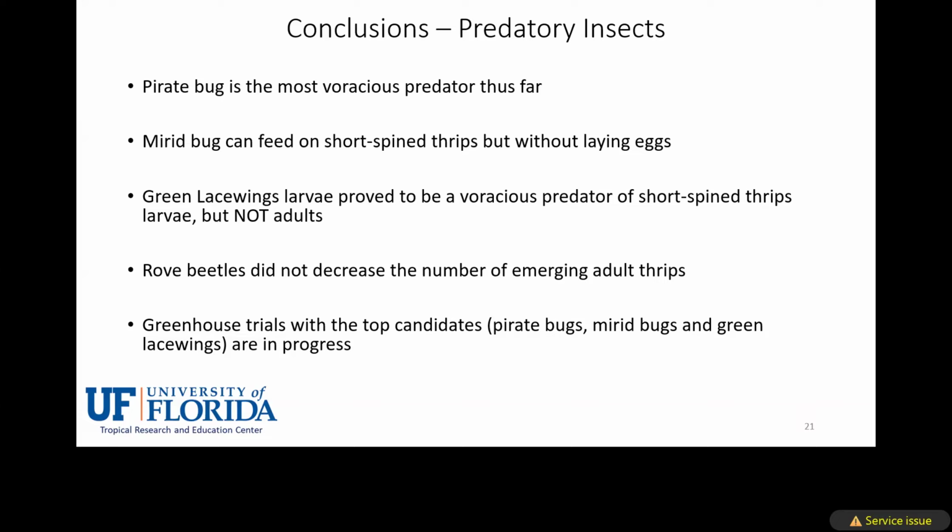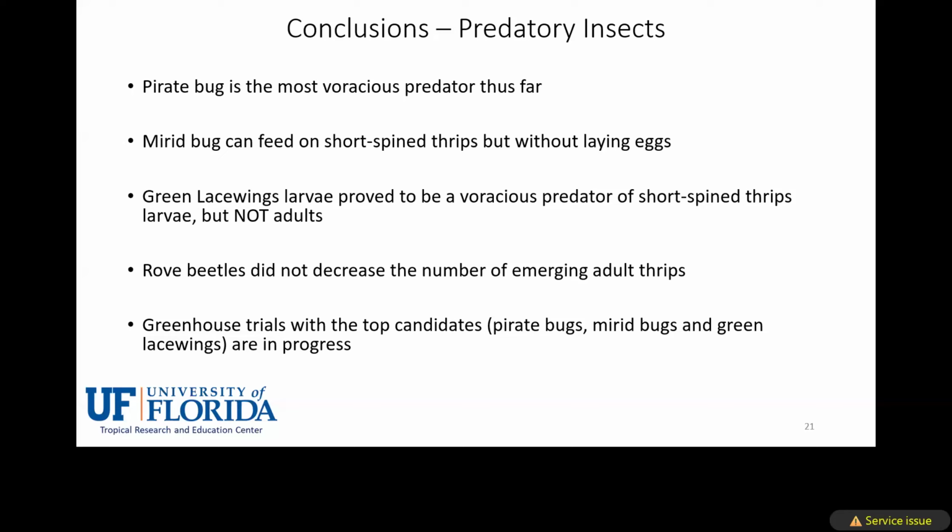So as you can see, they have some advantages and disadvantages when you test all life stages and check their oviposition and their predation. They have differences because they are different organisms, right? Which was already expected. And the rove beetles did not seem to like thrips, at least these thrips, the short spine thrips, too much.